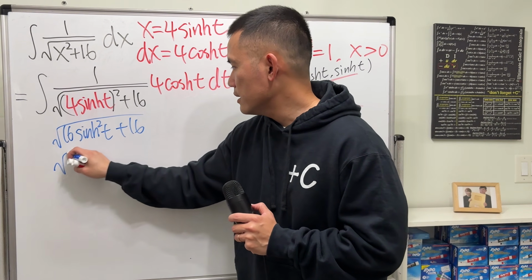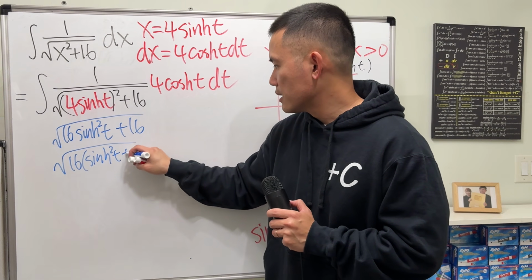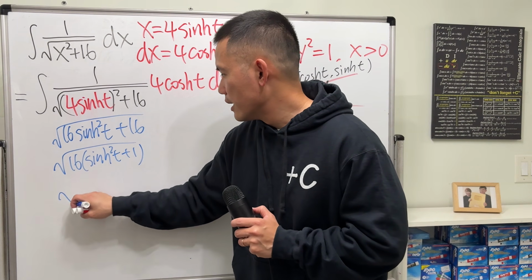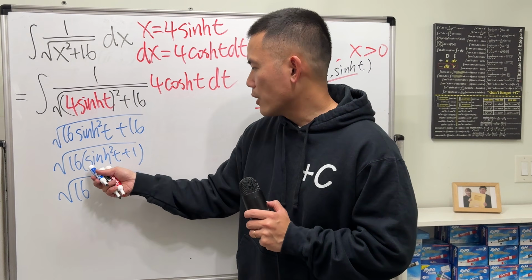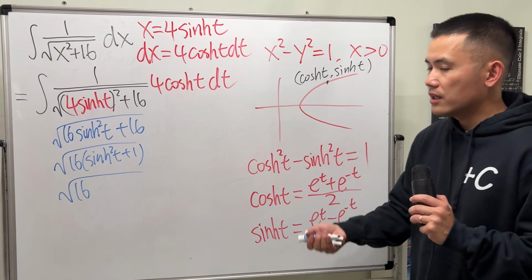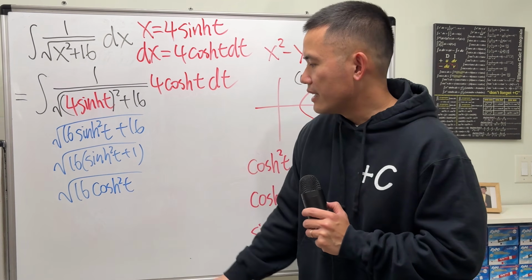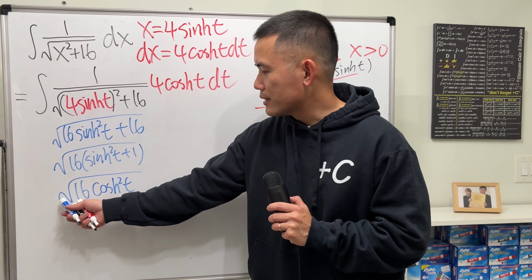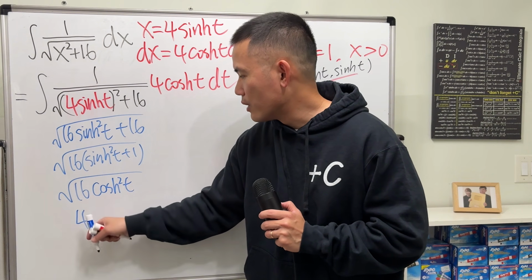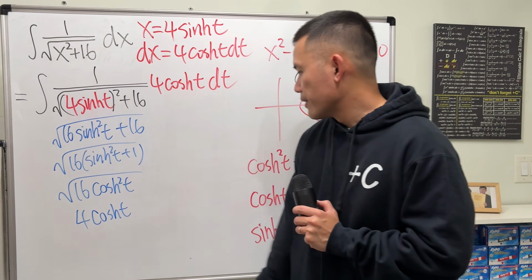Factor out the 16. And then here we go, sinh squared t plus 1. You just move this to the other side. We get a cosh squared t. And then when you cancel, the square root of 16 is 4. Cancel this and that, we just get cosh of t.